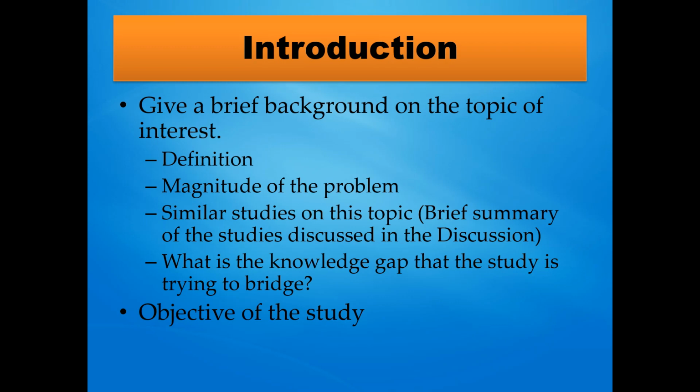Just to give an example using the title that we introduced just now, vitamin D deficiencies among Malaysian men. In the introduction you should introduce to the readers the definition of vitamin D deficiency, and the main thing of the problem is that vitamin D deficiency can lead to a lot of diseases including hypercalcemia, osteoporosis. It might be related to some neurological diseases and also mood depression and other diseases.